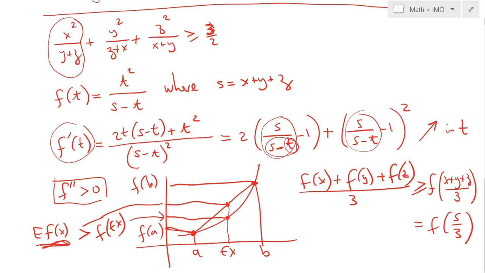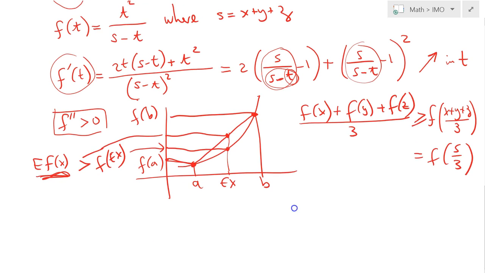We can actually move the 3 to the other side, so that would explain the 3 here. Plugging into this function, we get x squared over s minus x plus y squared over s minus y plus z squared over s minus z. And let me move that 3 to the other side.